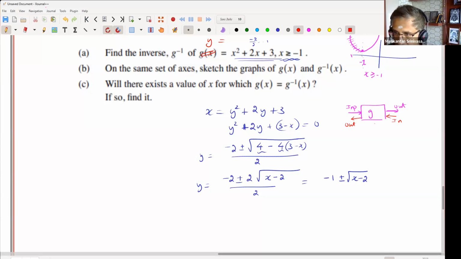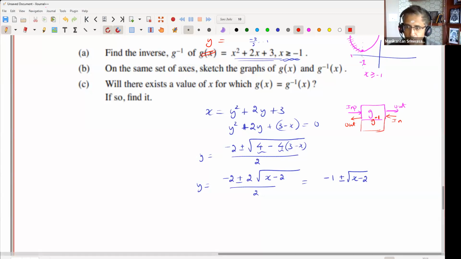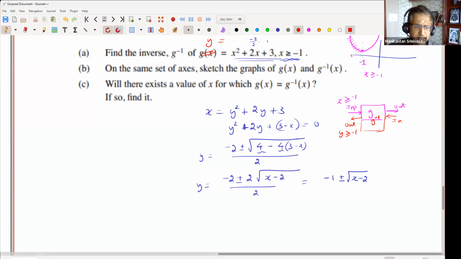So for g inverse, whatever is in red is g inverse. Whatever is pink is g. So I'm using the same block to represent both. Only thing is the role of the input and output has changed, which means if the original input x is greater than or equal to minus 1 for the pink, then the output for the red would be y is greater than or equal to minus 1. Does this make sense? This box diagram makes sense?